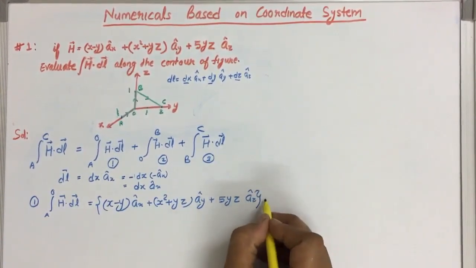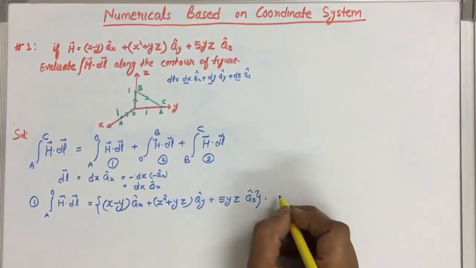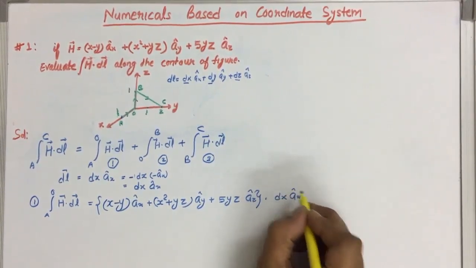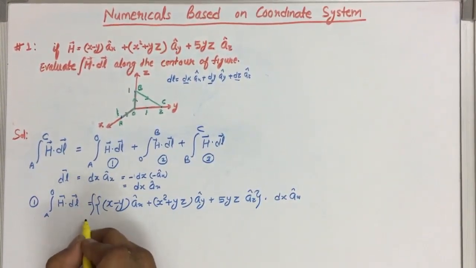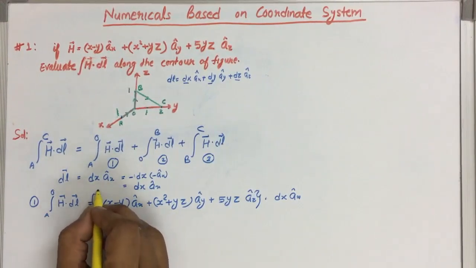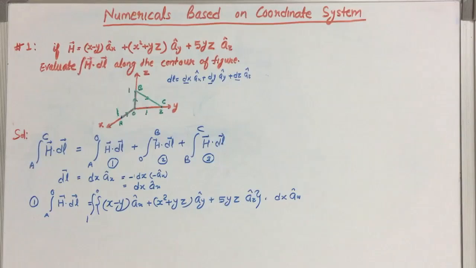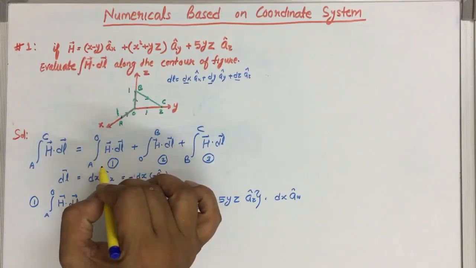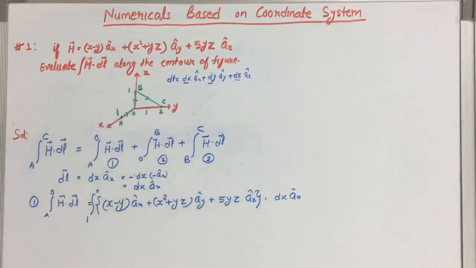This is H, with the dot product with dl, that is dx in the positive direction. A is 1 and O is 0. So H dot dl for case 1 will be this.